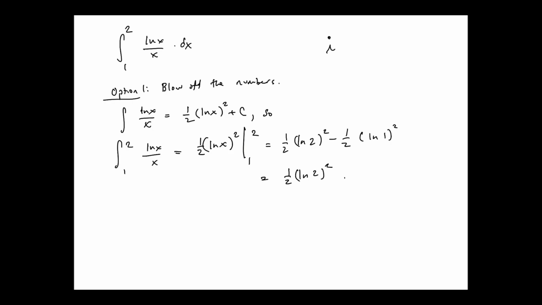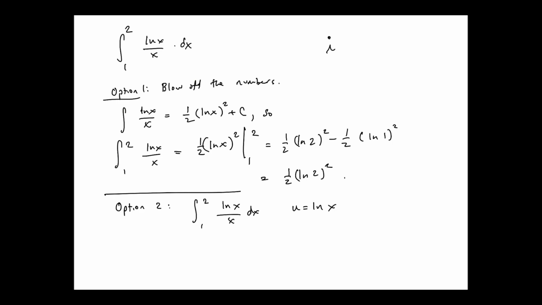The other option here is to deal with the numbers as you go. To do that, let's go back to what the substitution we made was. If u is equal to natural log of x, oops, sorry, I forgot the dx there. The 1 and the 2 are numbers in terms of x.